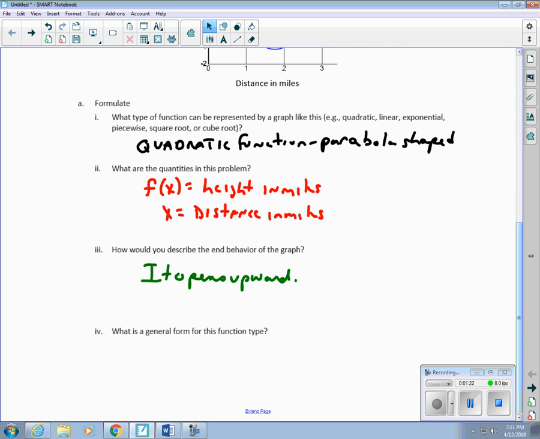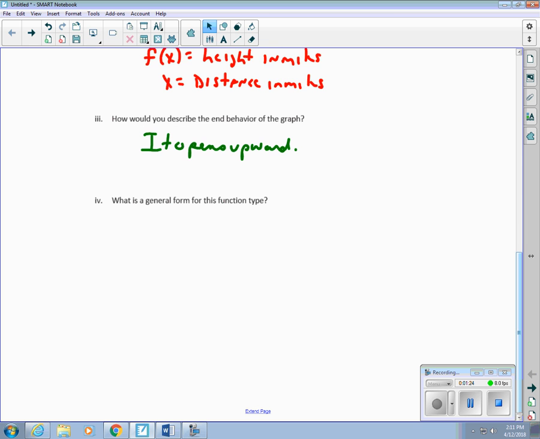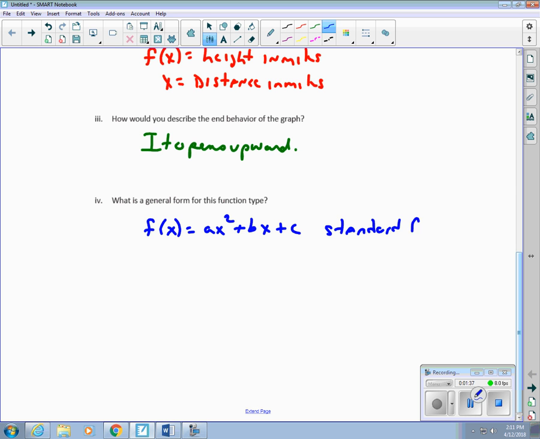What is the general form? Well, we actually have three different forms that we can use. We can use f of x equals ax squared plus bx plus c, which is standard form. Or a times (x minus h) squared plus k, which is vertex form.